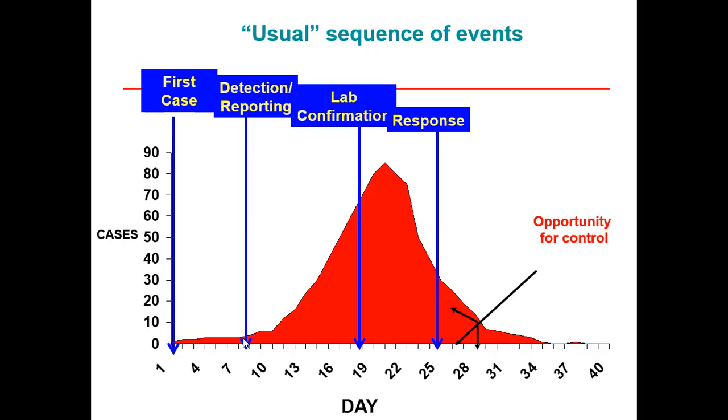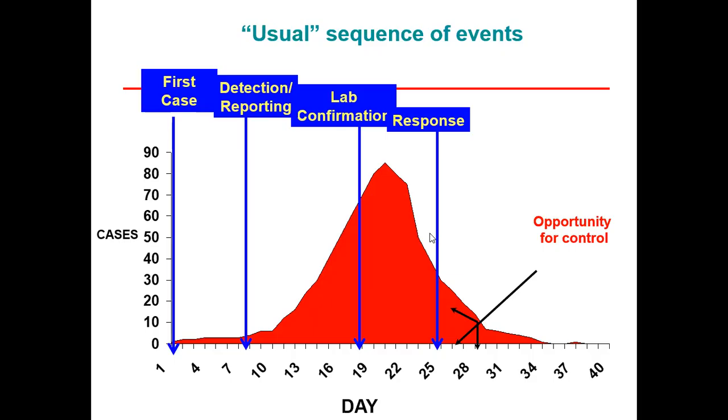Usually, it starts becoming noticeable when the numbers get to a certain threshold, a cluster of cases, that alerts a report to come in or surveillance to pick it up. We're seeing numbers that we do not expect, numbers above our expectation. By the time you talk about lab confirmation, many times it's late because our lab systems often don't catch up with what's going on. And then, of course, you start having a response, and so on.